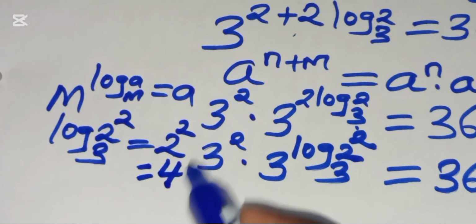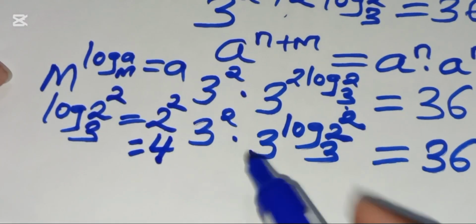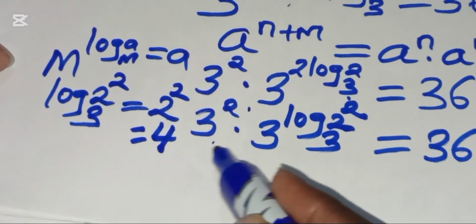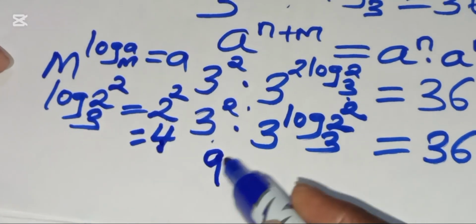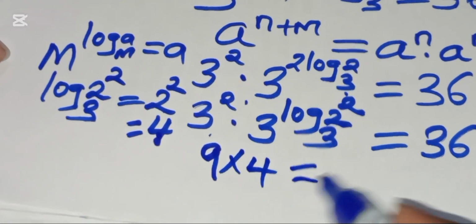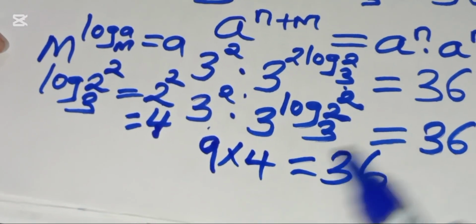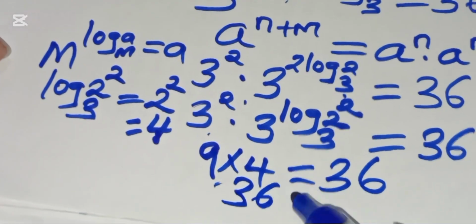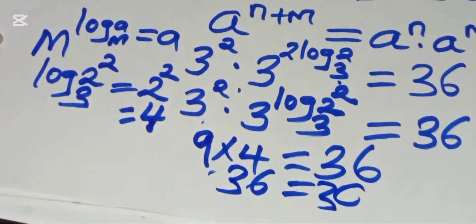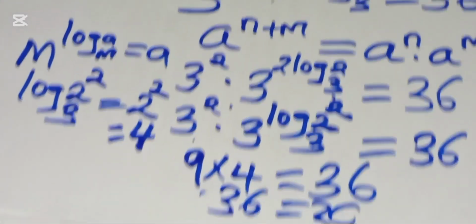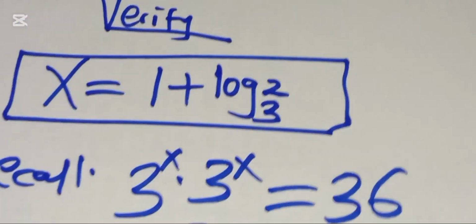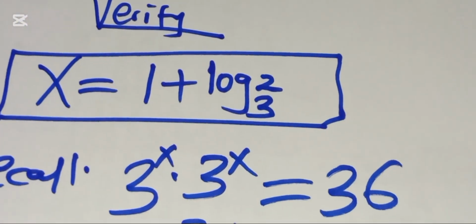Let's substitute this 4 back into our equation. We'll have 3 squared, which is actually 9, multiplied by 4. 9 times 4 is 36. That means the left-hand side is equal to the right-hand side, and that affirms that the value of x, which is 1 plus log 2 to base 3, satisfies the equation.